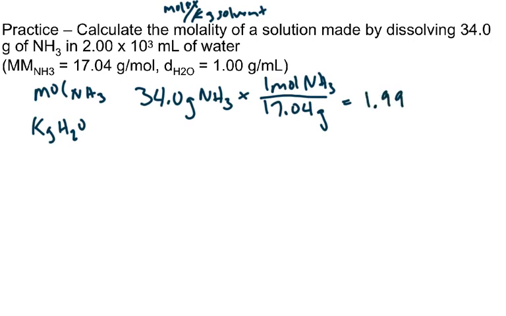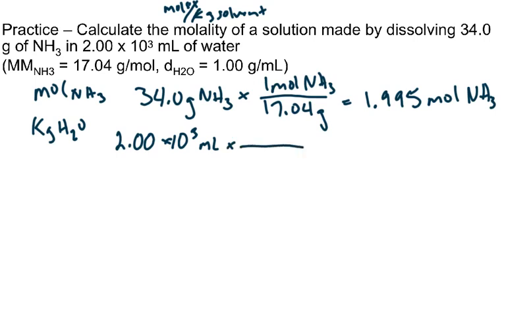1.995 moles of ammonia. Then my kilograms of water, I have 2.00 times 10 to the third milliliters times 1.00 grams in 1 milliliter times 1 kilogram is 1,000 grams.